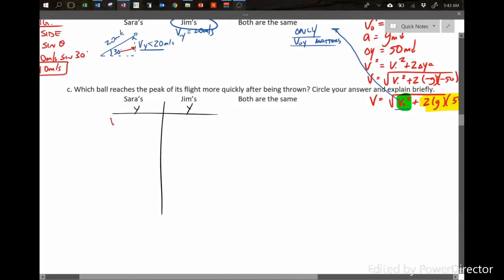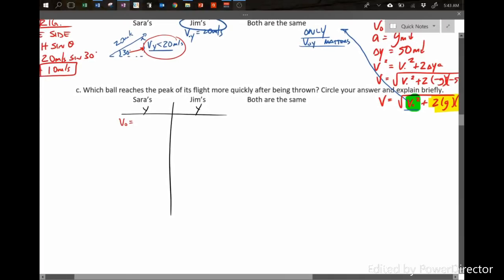So for Sarah, her initial velocity in the y direction was that little part, and we said that that little part was 10 meters per second. So part of her 20 meters per second, 10 meters per second in the y direction, and that's up. Her acceleration is the moon.